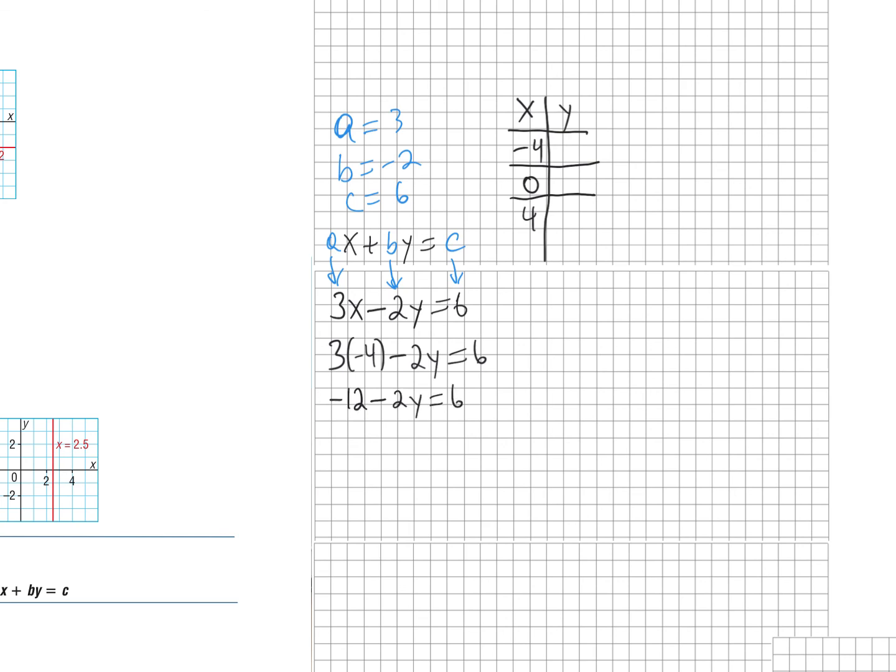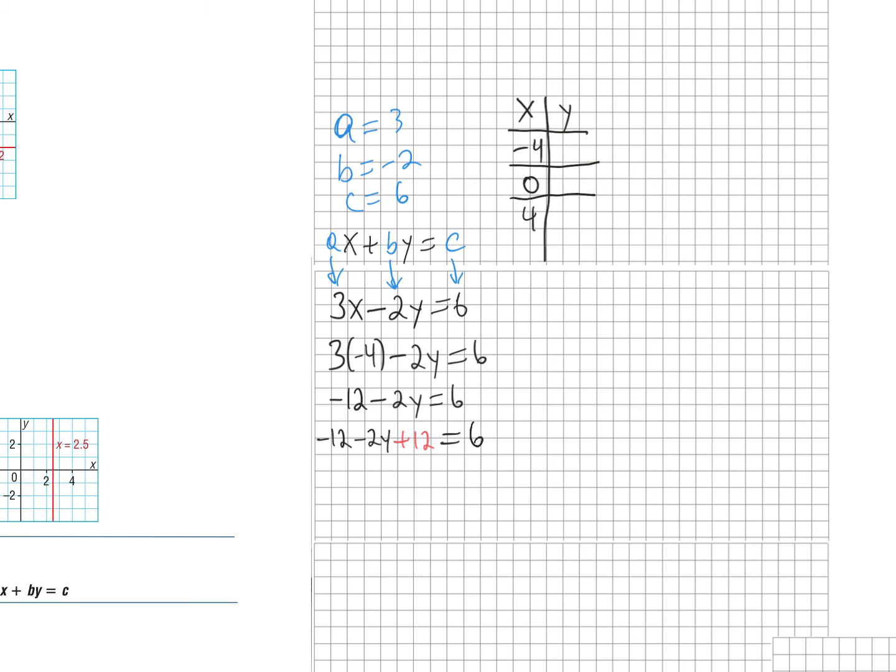So now the next thing I want to do is I want to get rid of this -12 right here. The best way to get rid of a -12 would be to add 12. But again, I cannot add 12 to this side of my equal sign unless I do the same on the other side.